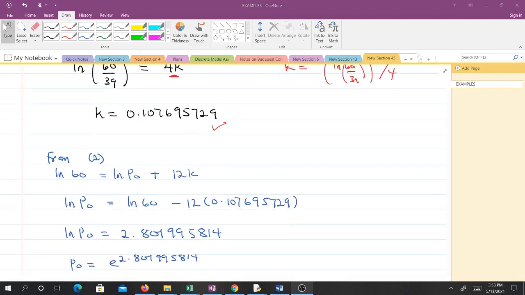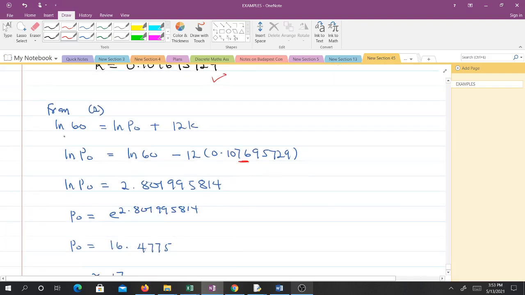Let's put it into equation 2. You can also put it into equation 1, you get the same answer. So we get ln 60 equal to ln p naught plus 12k, and now we have k. So ln p naught is equal to ln 60 minus 12k. Evaluating this gives ln p naught equal to 2.801995814.